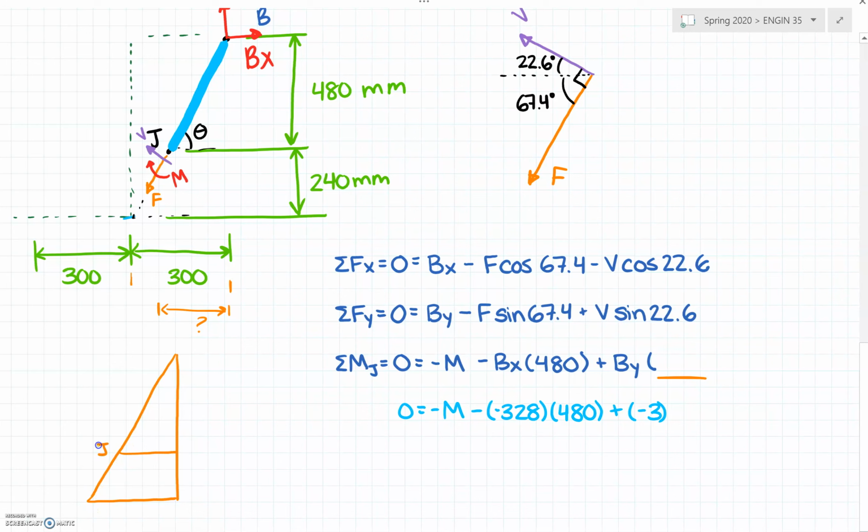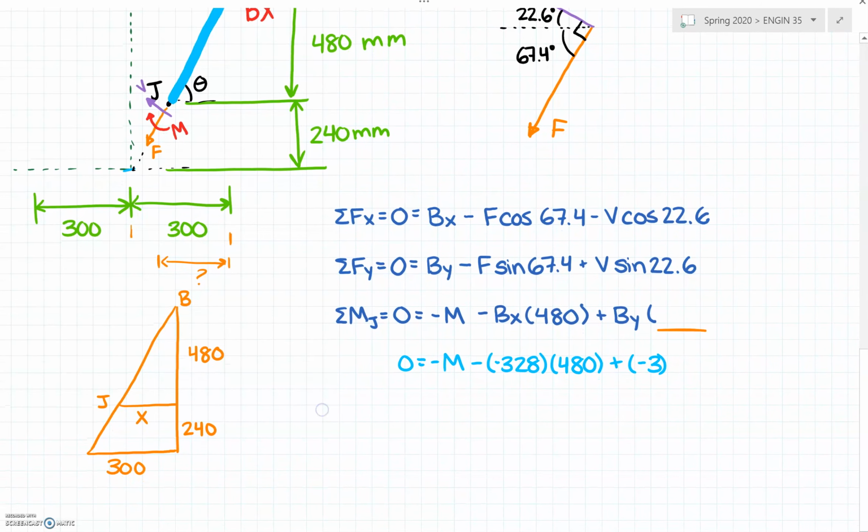Here we have point J, this is point B, we have 480, 240. This distance here is 300, and this distance here is x. If I solve for x, I get that it is 200. So that moment arm there should be 200.